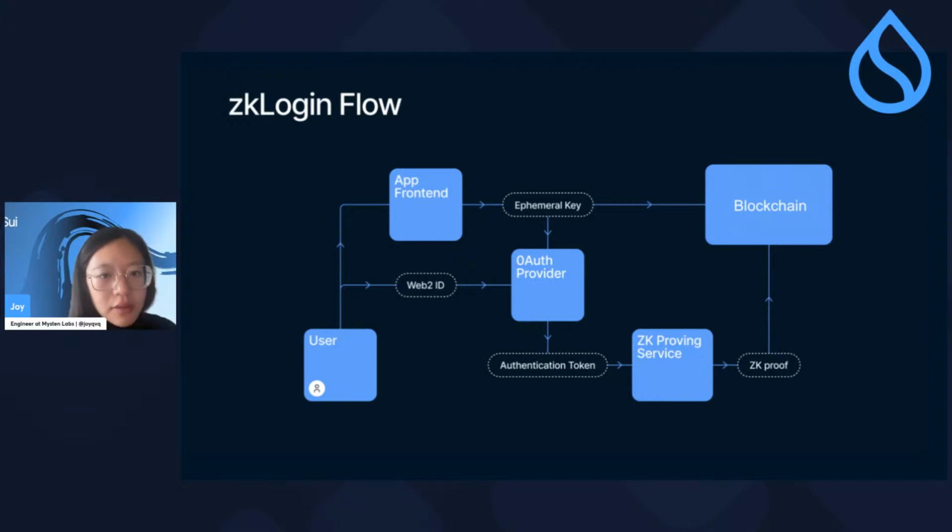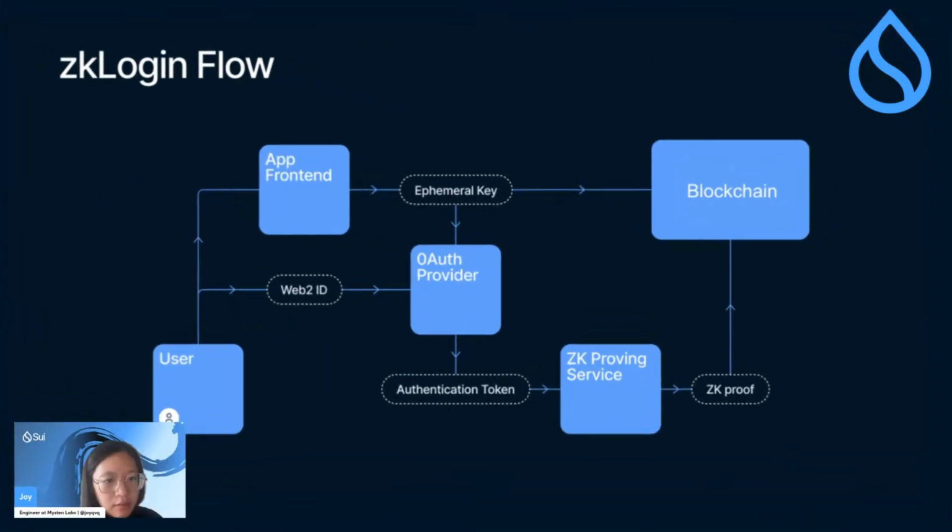After talking about the big ideas, now we look a little more closely at what the zkLogin flow looks like. Roughly corresponding to what I mentioned earlier, the user first logs in to your application.